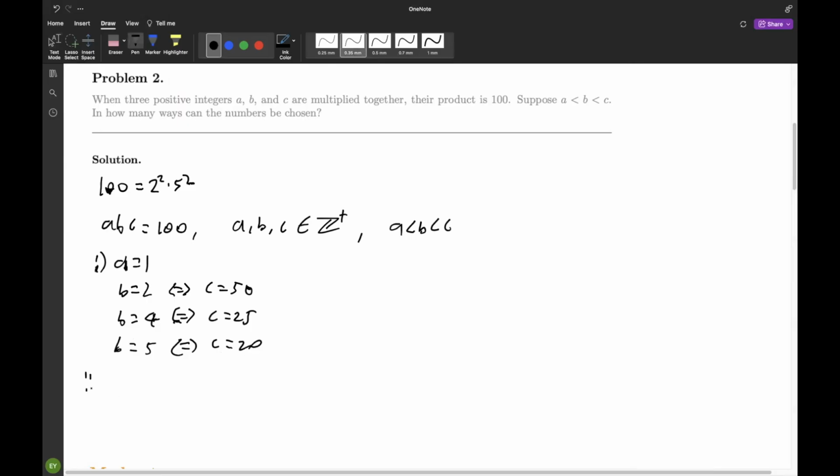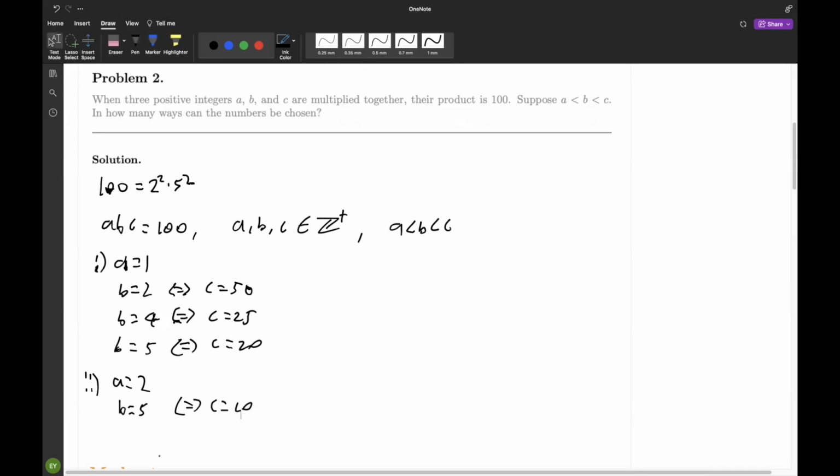Then our second case is when a is equal to 2. In this case, b can be something greater than 2, and the smallest number greater than 2 that is also a factor of 100 is 5. So c is equal to 10.